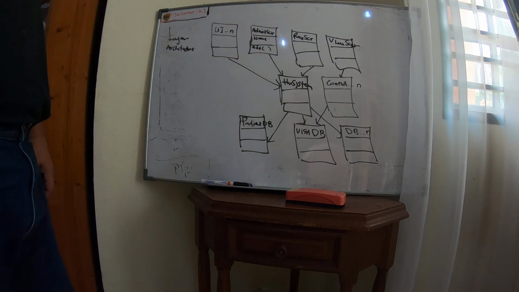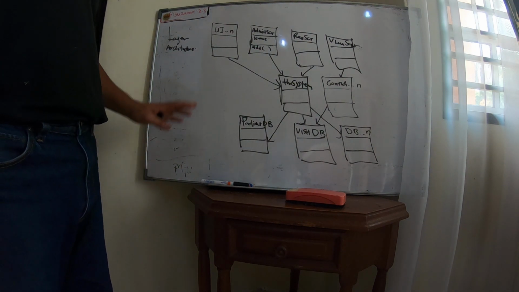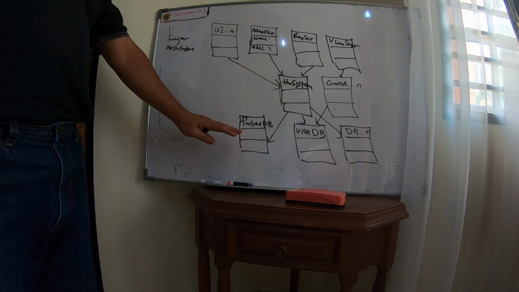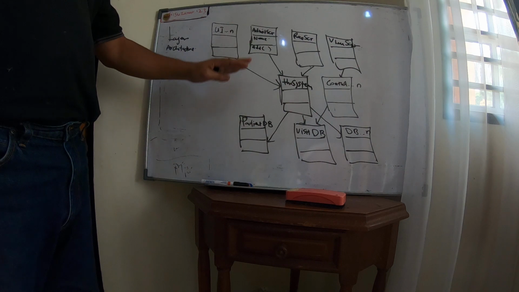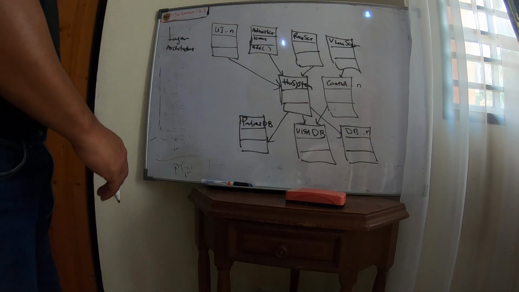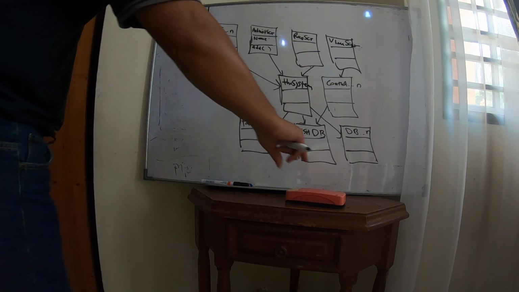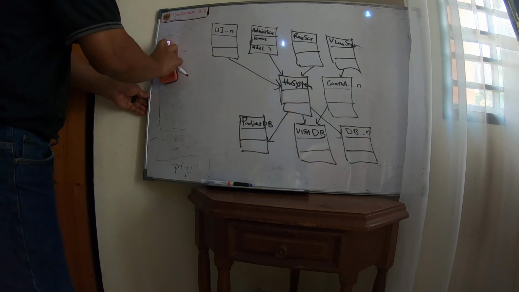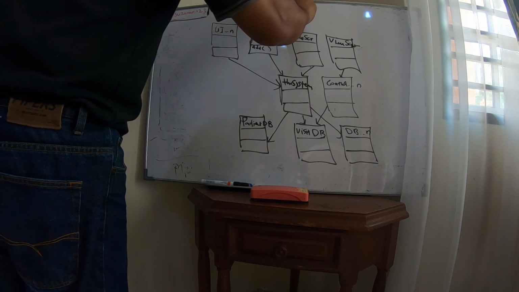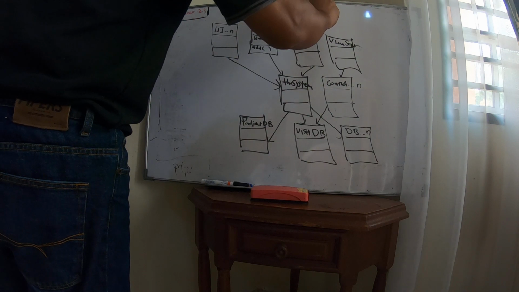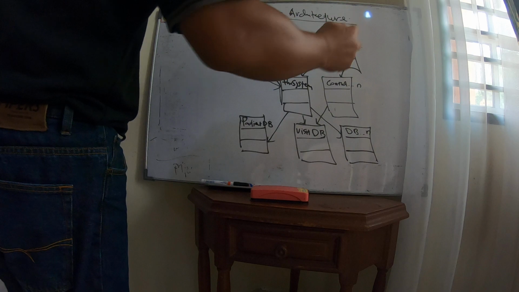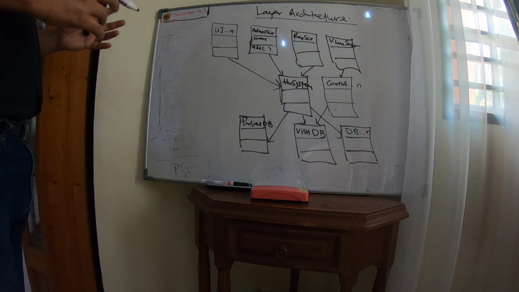When you apply the stereotypes, which are boundary, controller, and entity, at the beginning you have already divided your system into three layers. So this is layer architecture. What you need to do is to package it.